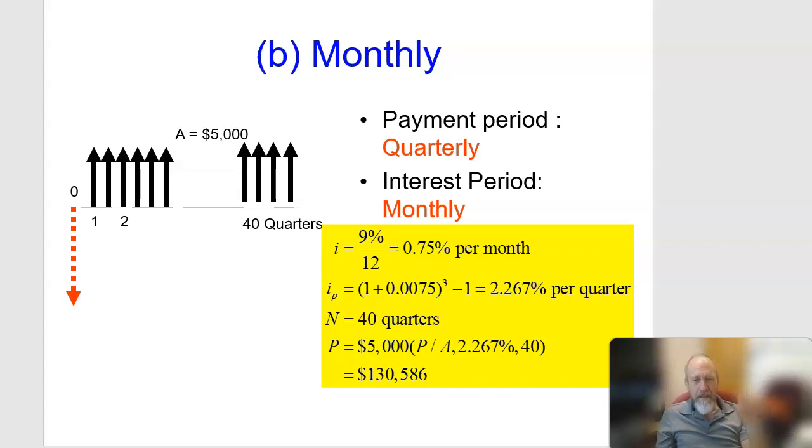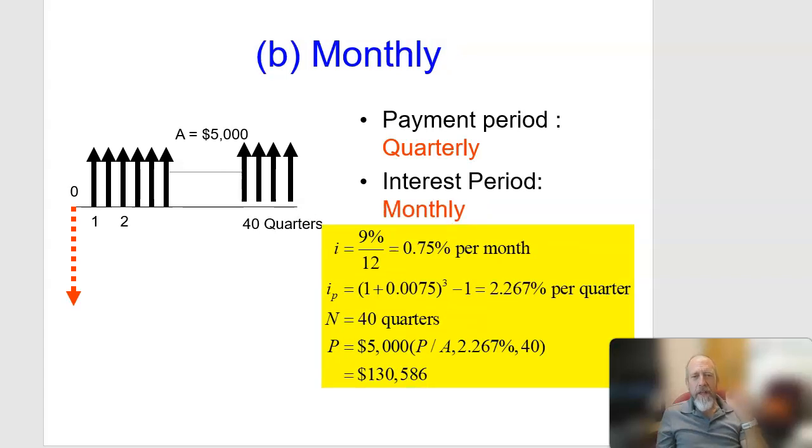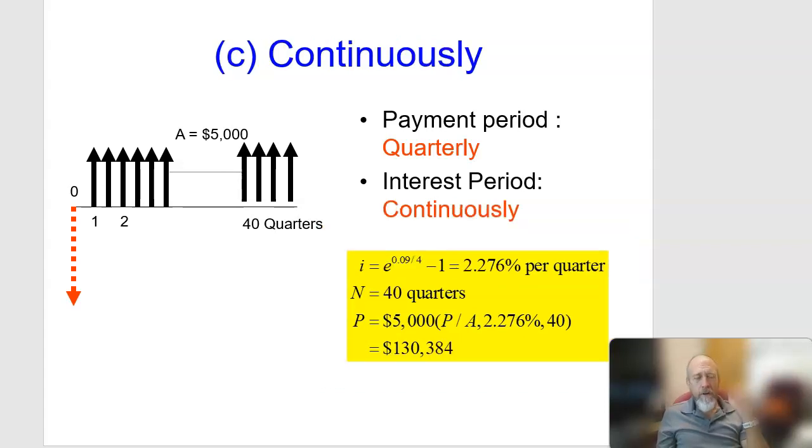You just apply that first equation slightly differently. 40 quarters. I'm going to go backwards for one to do the comparison of the values. 130,968. 130,586. And continuously 133,884, slightly lower.